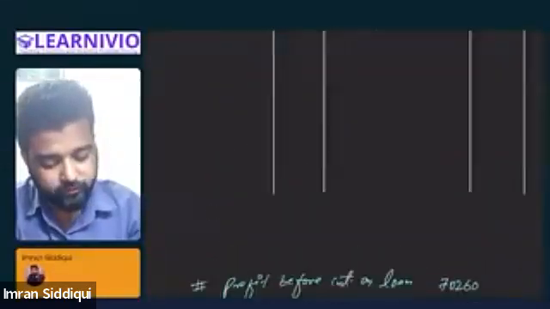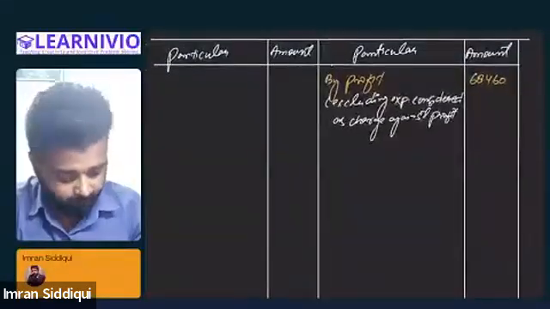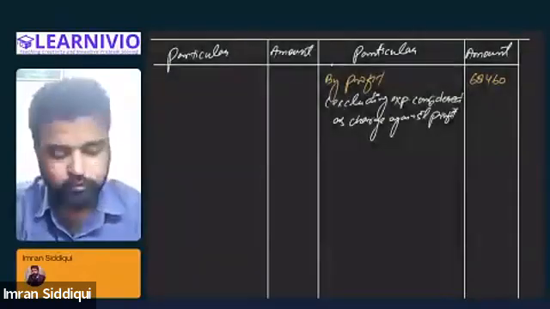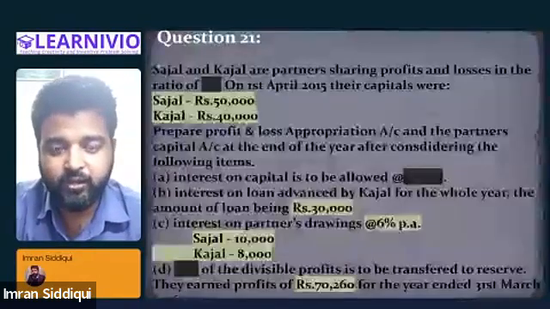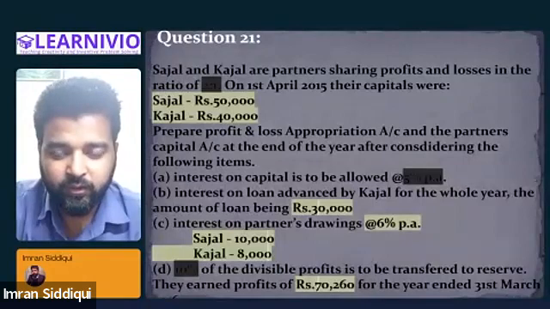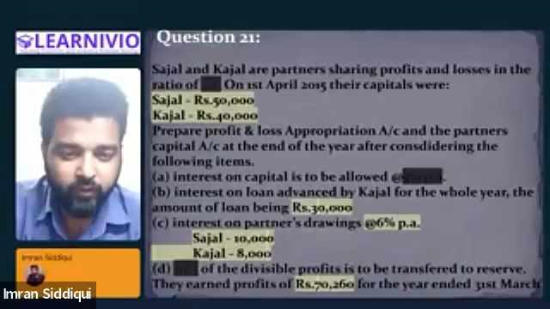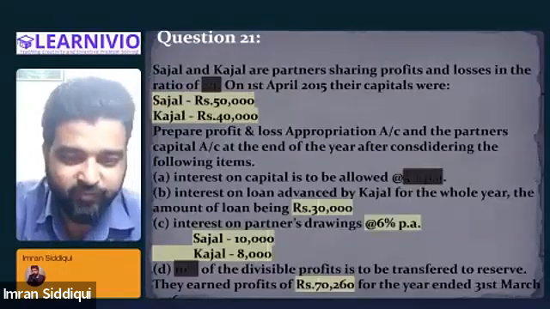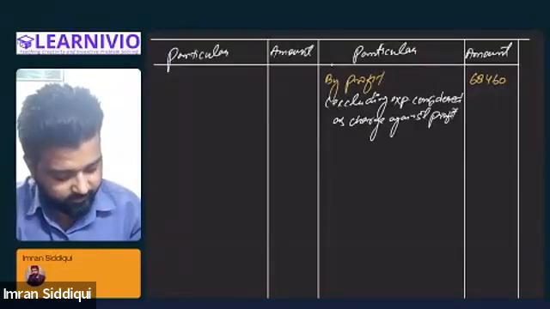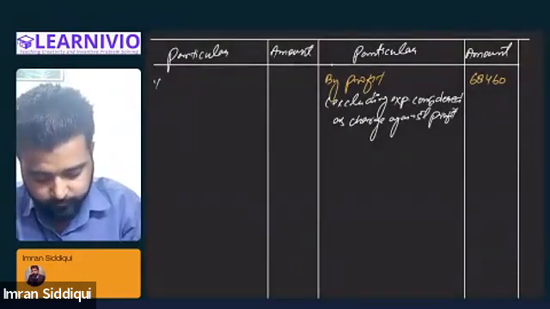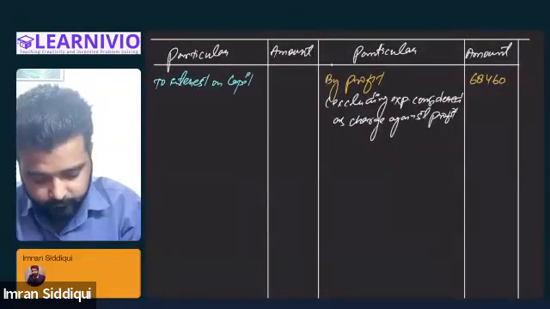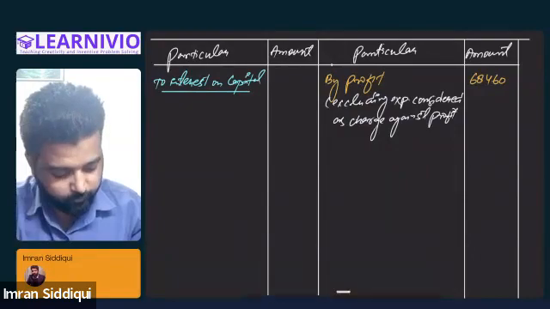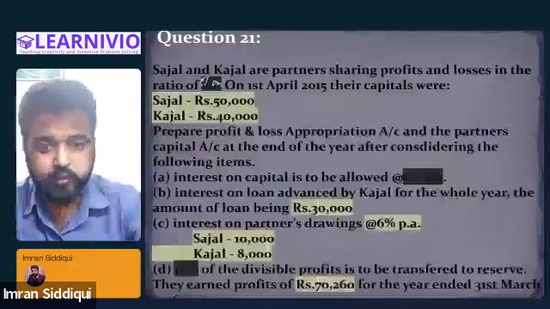That will be transferred to the profit and loss appropriation account, right? And now we can do the rest of the calculation. You can see that adjustment A says interest on capital needs to be allowed at 5% per annum. So we'll write down the interest on capital for both the partners, Sajal and Kajal.